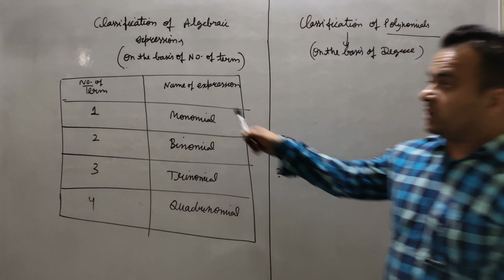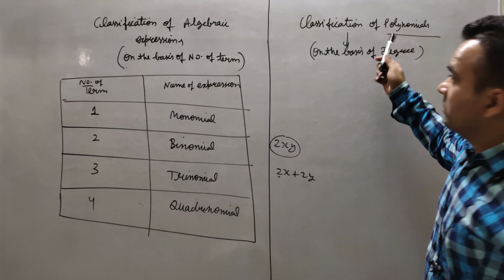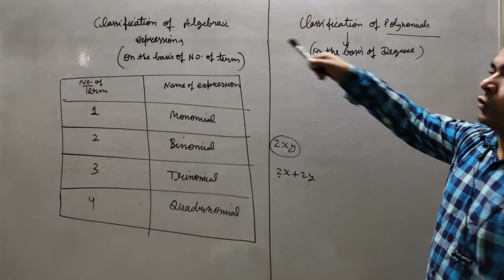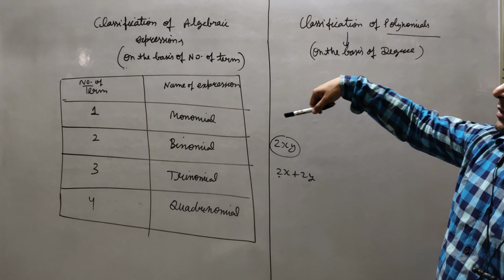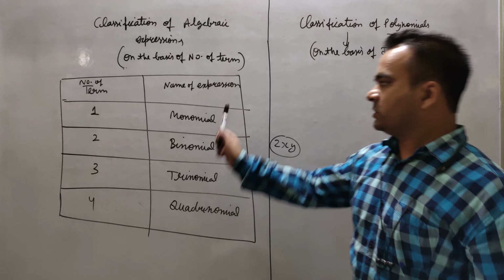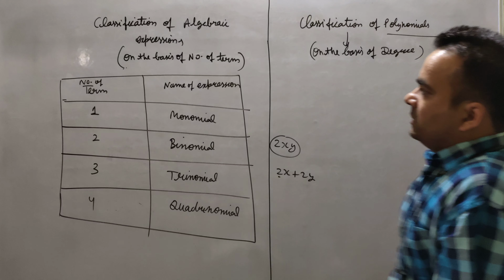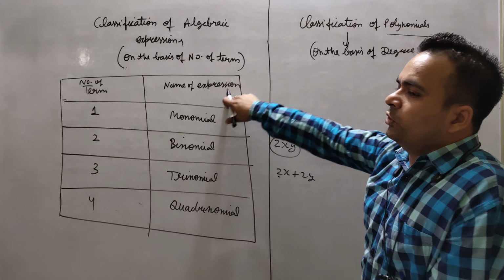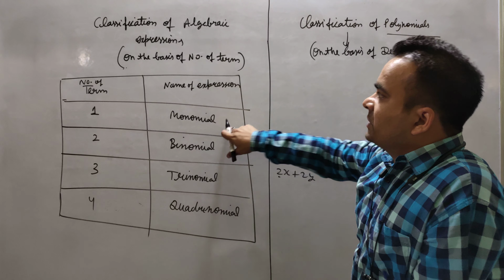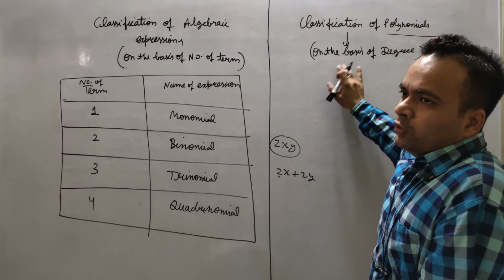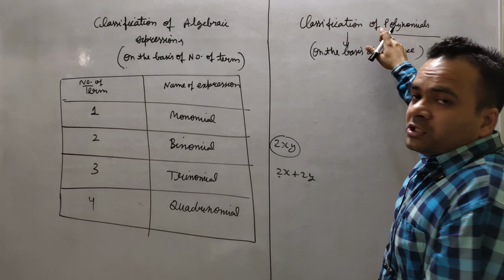But if you want to say polynomial, you have to classify it as a polynomial first. Otherwise don't say polynomial. It is an algebraic expression. If you are saying it is related to polynomial, it means the expression should behave like a polynomial. And what is the condition for polynomial?